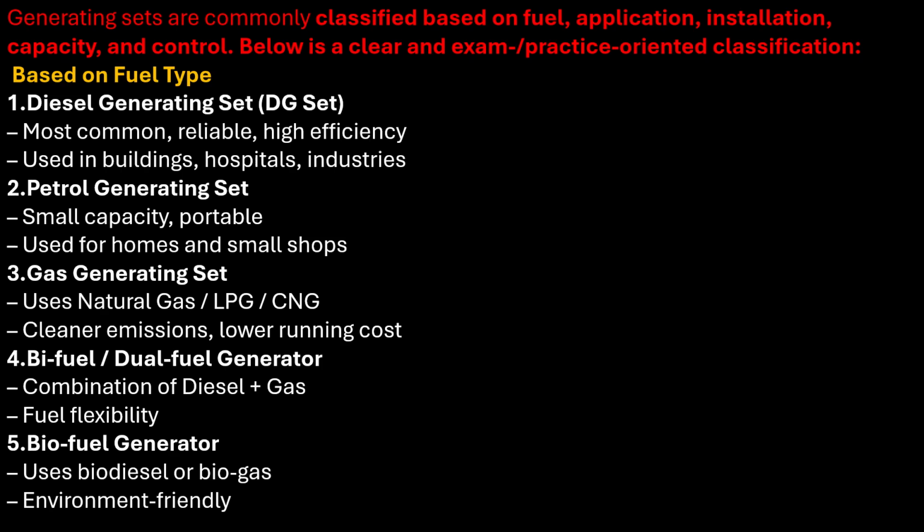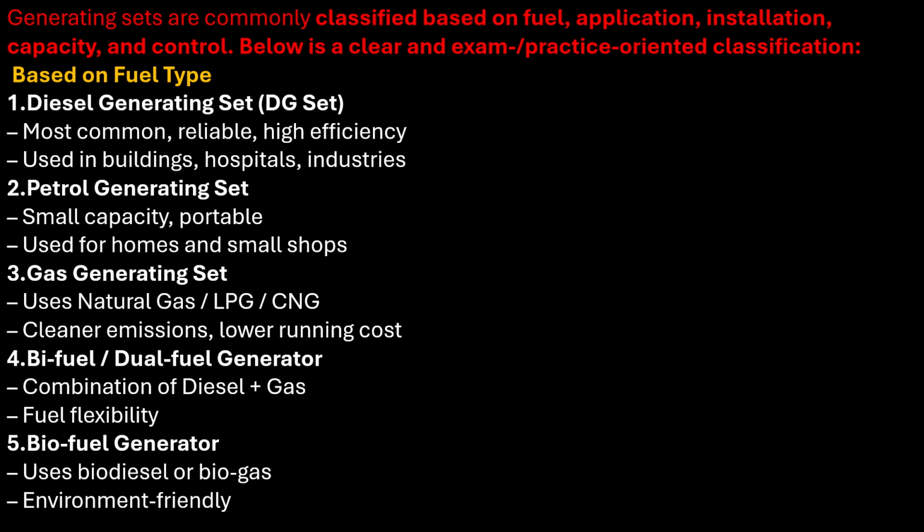These are most common, reliable and high efficiency. They are used in buildings, hospitals and industries. Second, petrol generating set. They are small capacity but portable, used for homes and small shops.